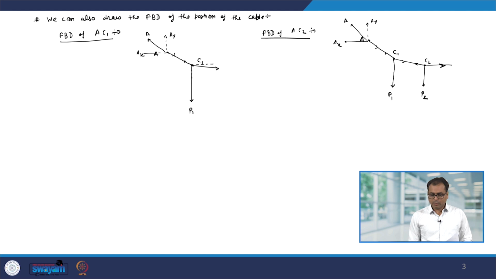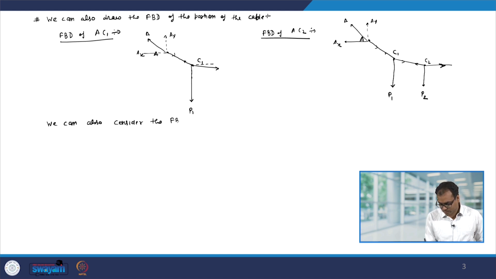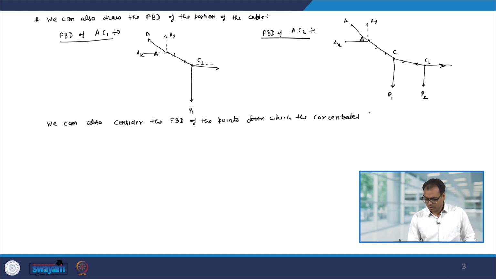Now, these are the free body diagrams of the portion of the cable. What we can also do is consider the free body diagram of the points from which the concentrated loads are suspended.